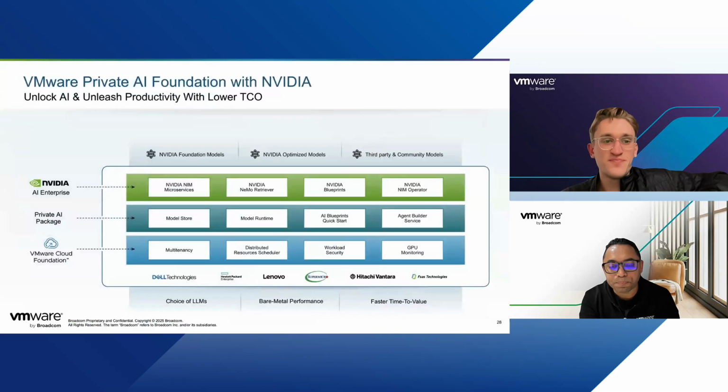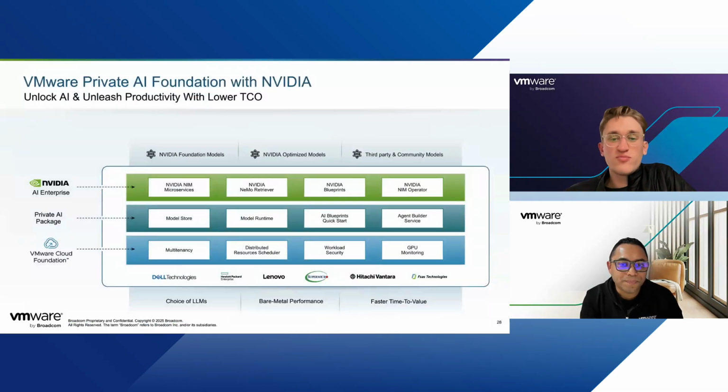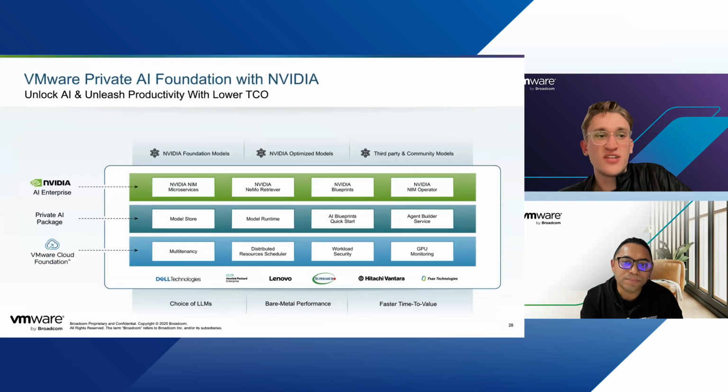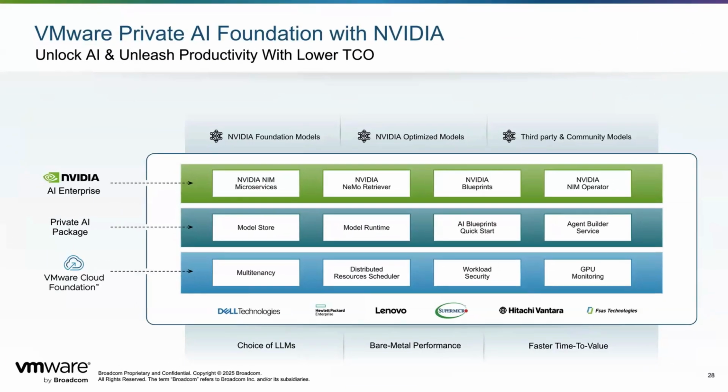Yeah, that's right. And so what I would like to introduce today is also the VMware Private AI Foundation with NVIDIA. What we've done here is a great combination of products and tooling from both the VMware Cloud Foundation all the way up to the NVIDIA AI Enterprise. And so this is a best of breed solution with access to all of the different capabilities for a platform approach to a private AI foundation.